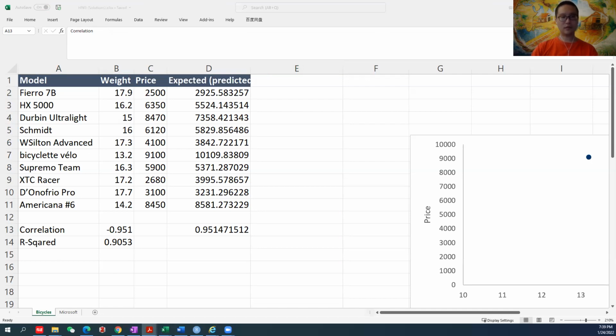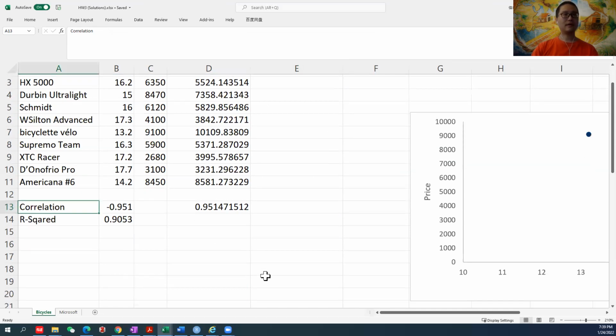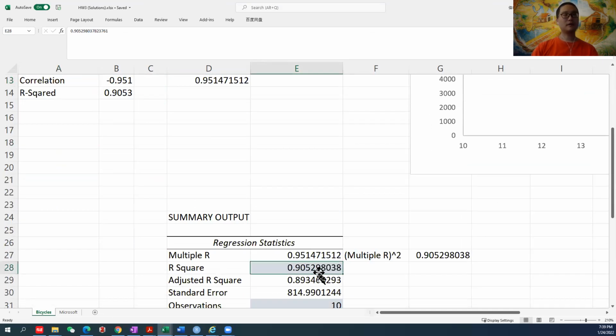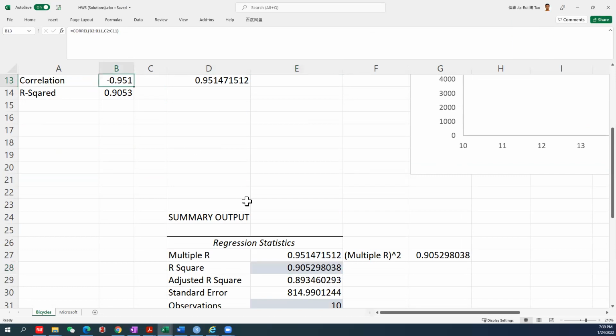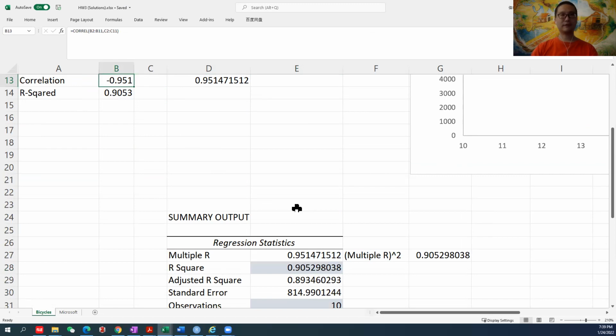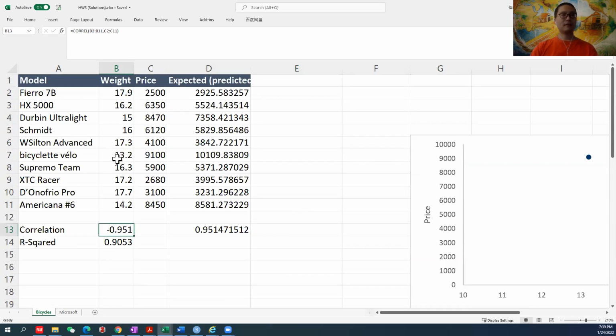So why are these two statistics different, and is there any relationship? Let's review their relationship by first understanding the correlation coefficient. We built between weight and price are done this way.